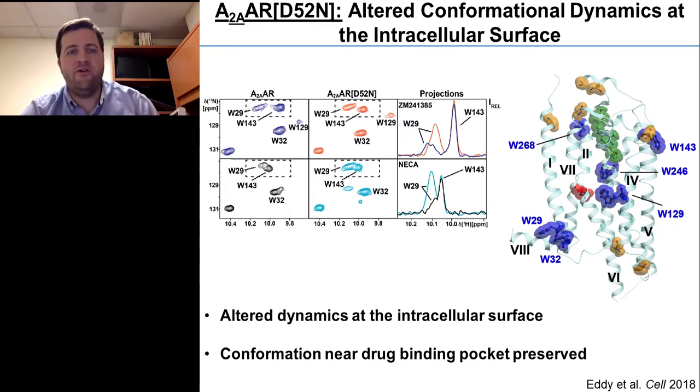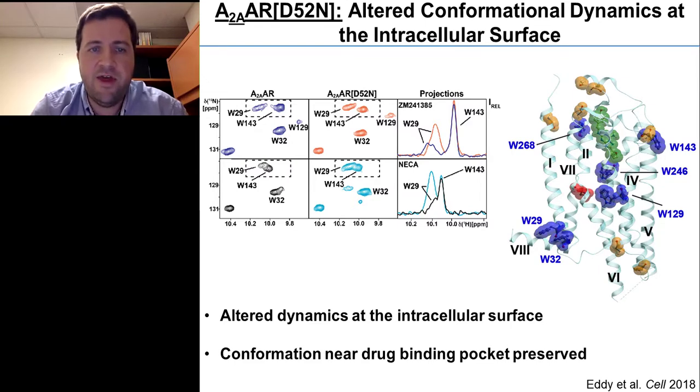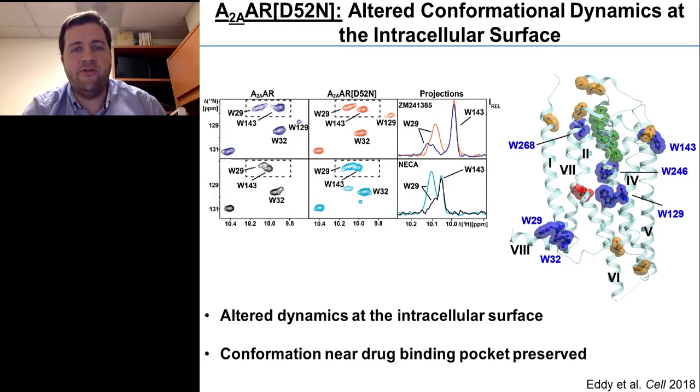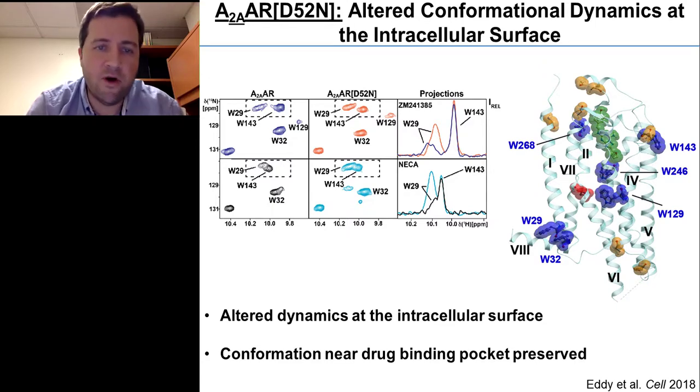These dashed boxes that you see with the data are regions where we took projections of these signals. These projections are shown on the far right of the data, in which you see the signal multiplicity and broad signal for tryptophan 29 for the native protein, whereas we see a large increase in signal intensity for the variant protein D52N. You can contrast that with the signal that we observe for tryptophan 143, which is essentially the same between the native protein and the variant protein.